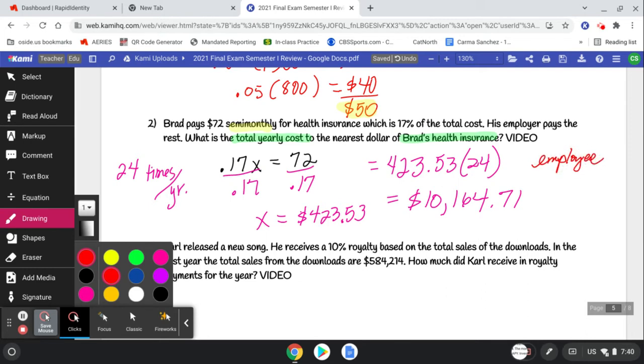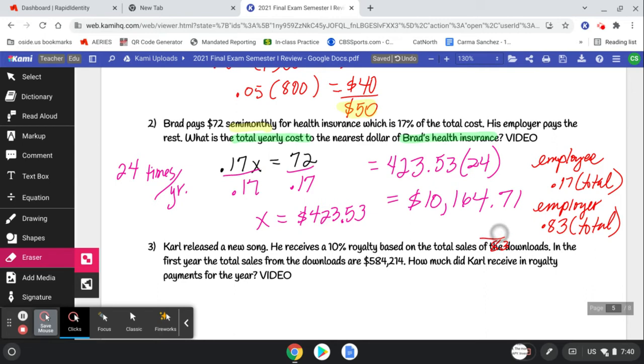If we're asking for the employee part, you're going to do 17% of that total. And sometimes we ask for the employer part. And so you know how 17 is the employee, you would do 0.83 of that total for the employer. How do I get that? 100 minus 17 is that 83.